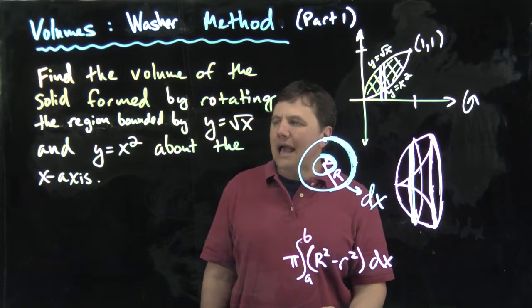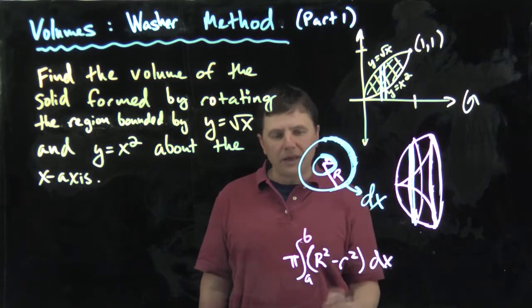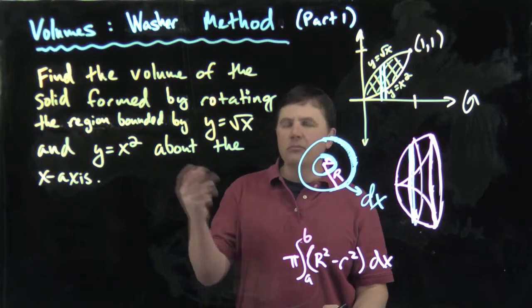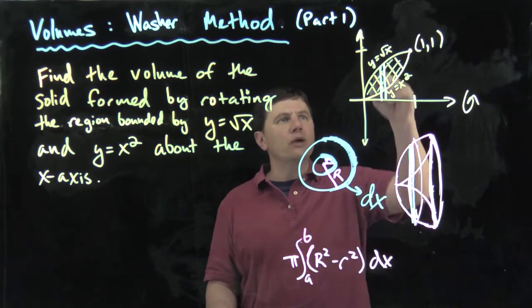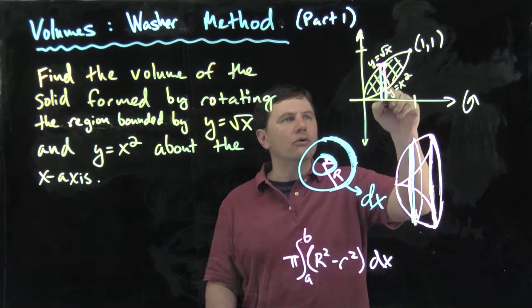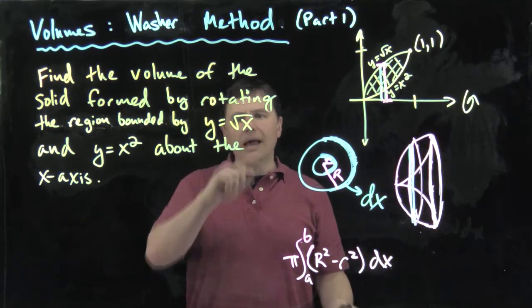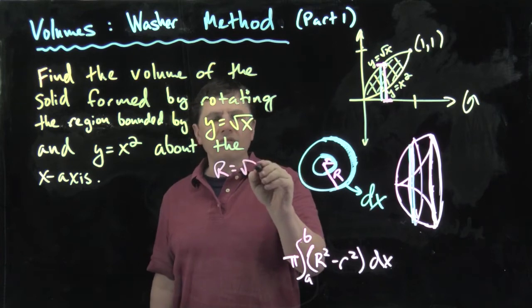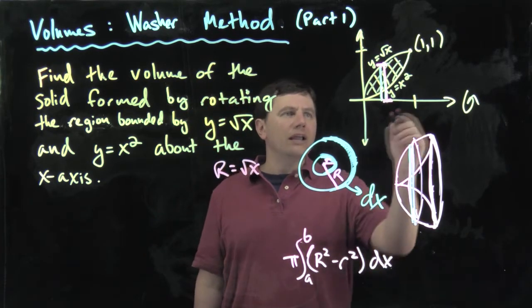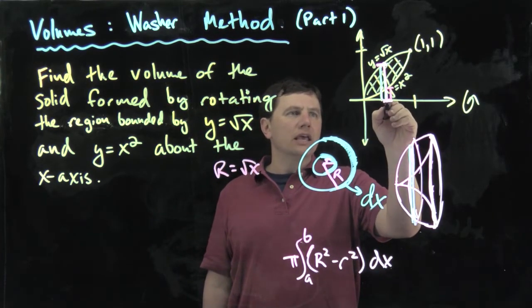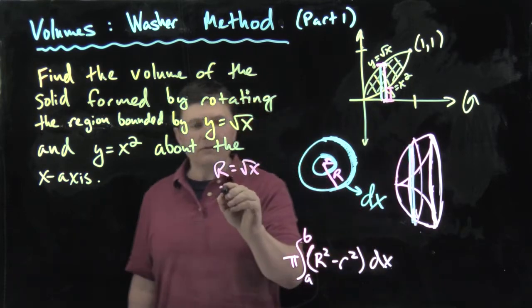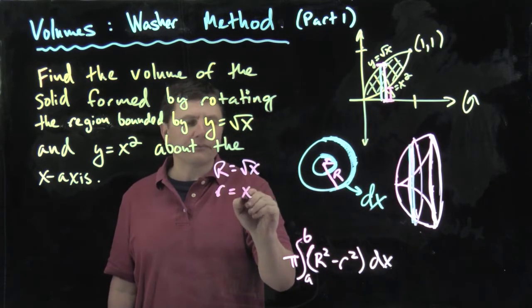Okay, so now what I'm going to do is think about this situation. So this is a pretty basic one, like I said. So what I realize is this is going to be our outer radius. So our outer radius in this case is just formed by square root of x. Our inner radius is formed by x squared, so we'll call that little r.